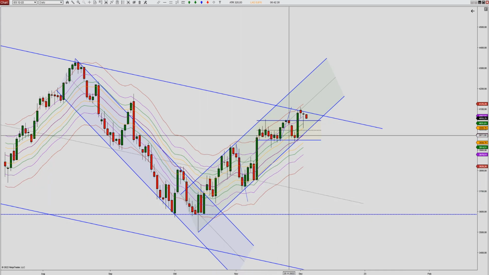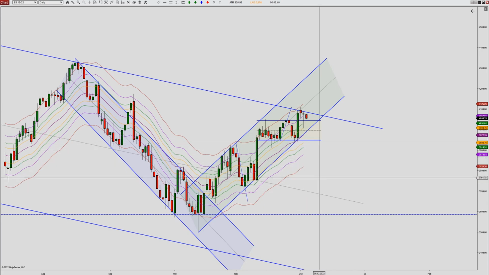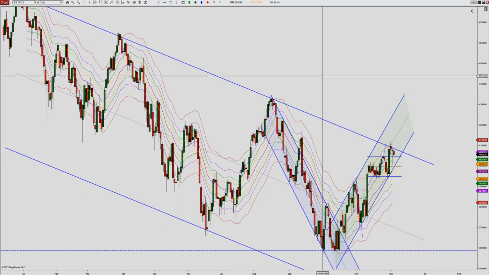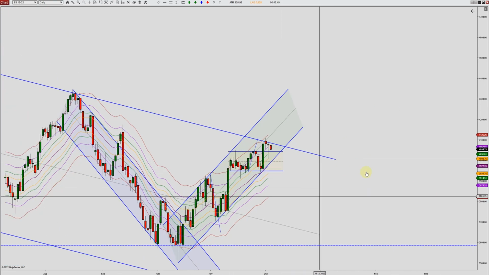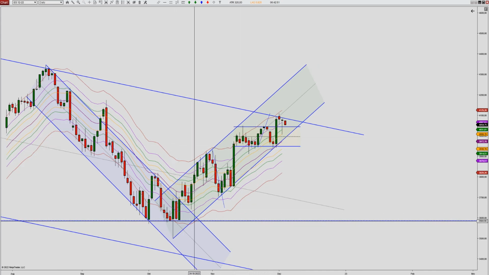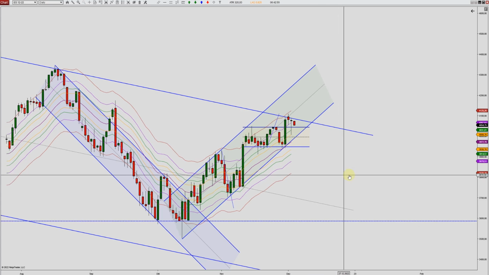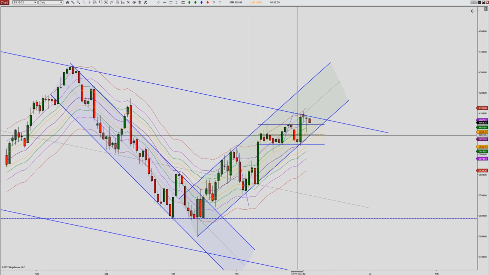This channel here is still intact, and we have a very interesting situation because we have a bigger, long-term down structure, which is now playing against this shorter-term green uptrend channel. And it's very interesting which structure will play out first.